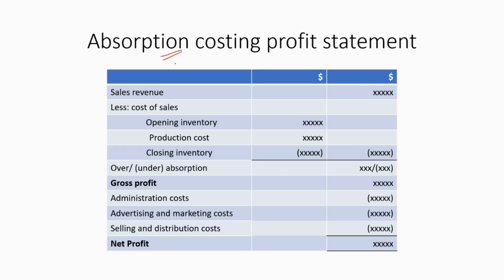This is the absorption costing profit statement, meaning here we use the full costing when it comes to valuation of the inventory. So why do we need a costing system? Because management accountants want to value the inventory, calculate the cost, and set a selling price.